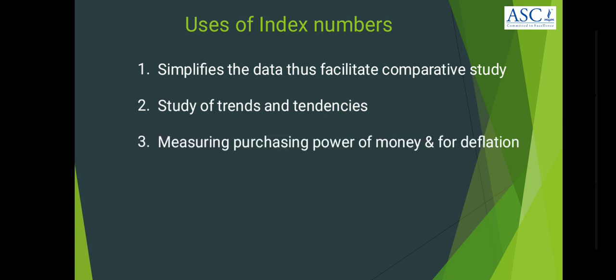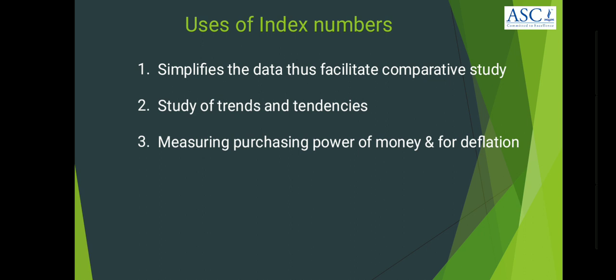The third use, index numbers measure the purchasing power of money and are used to study deflation. Here, purchasing power is the amount of goods and services that can be purchased with a unit of currency.